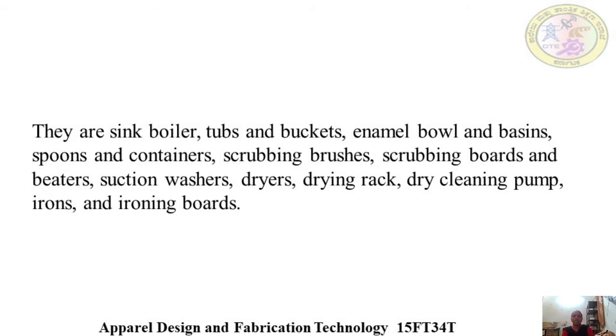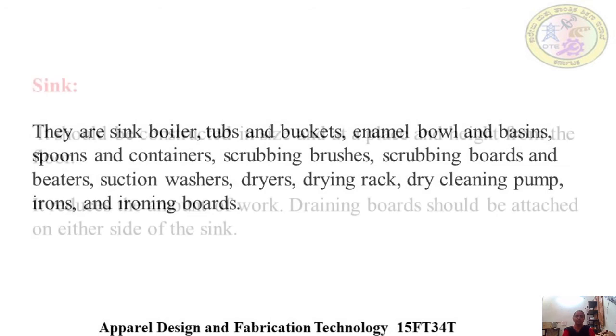Dryers, drying racks and dry cleaning pumps are used for drying and come under drying equipments. Irons and ironing boards are under ironing equipments. So these are the equipments used for laundering, drying and ironing purposes.